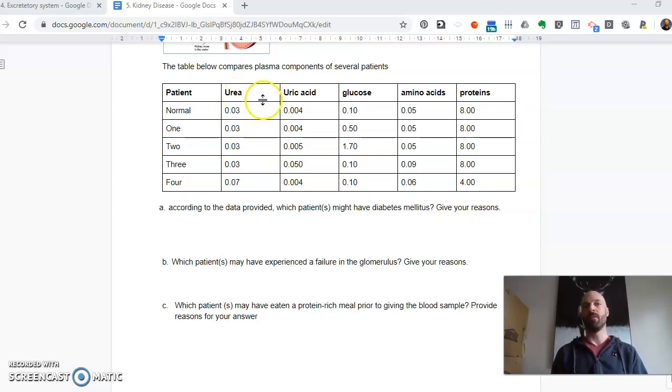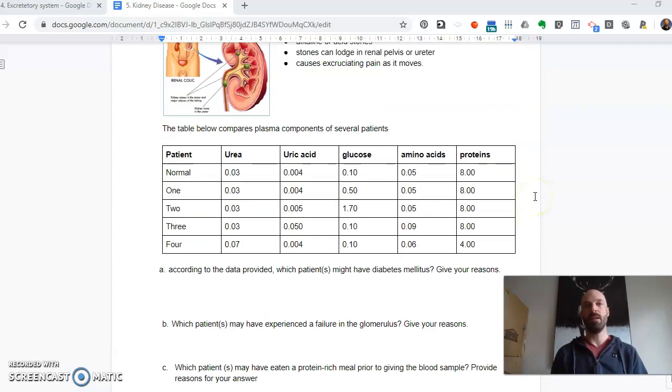So the plasma level of that, if it's higher, then that means there's something wrong. Uric acid is also a waste byproduct of nitrogen, but then you have your useful molecules: glucose, amino acids, and proteins. So these levels indicate if there's a higher or a lower level in the blood versus the urine. It can indicate certain issues.